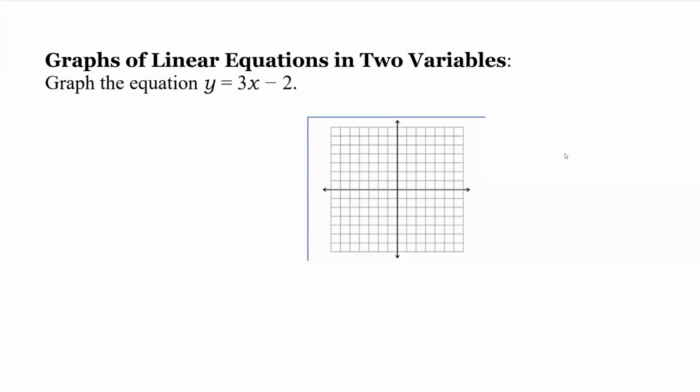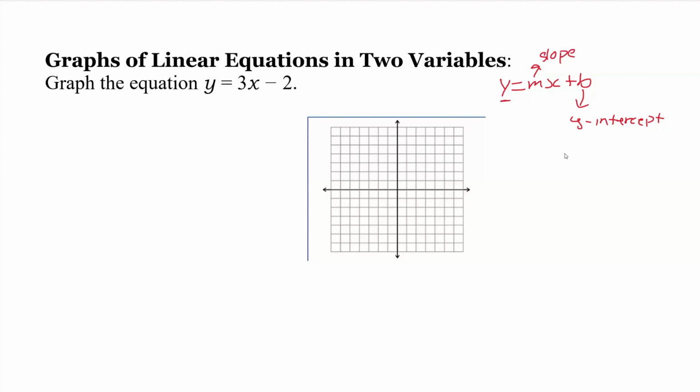The fastest way is the slope and the y-intercept, right? So if you have y equals mx plus b, then the b is always the y-intercept, and the m is always the slope.